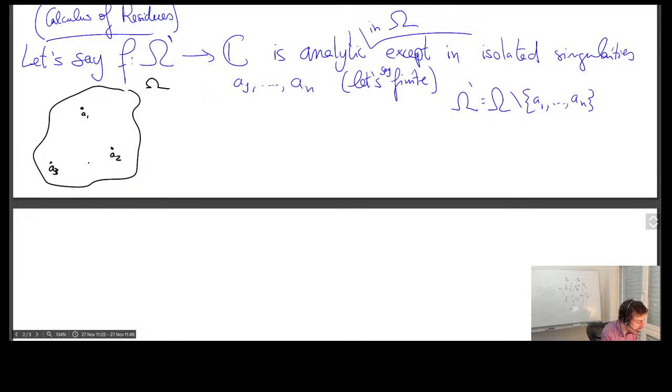And so what I have to create is a homology basis. What is the homology basis? I just have to create some curve that goes around this one, let's call it C1, some curve that goes around this one, C2, and some curve that goes around this one, C3.